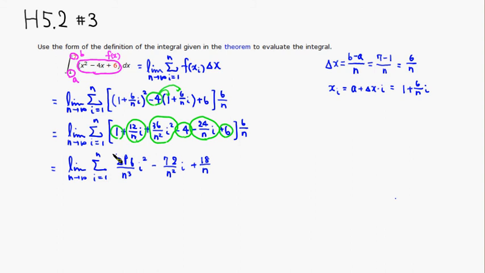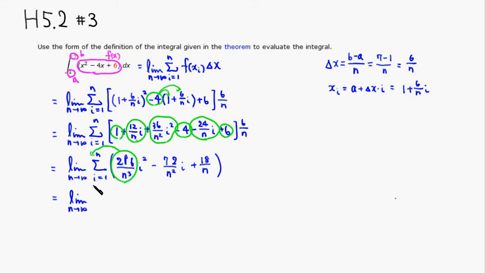Let's put the parentheses. Then we can use the summation formulas for i squared, i, and 1. We have the limit as n approaches infinity. Since this is a summation over i, this has nothing to do with i, so it is a constant and we can place it outside.